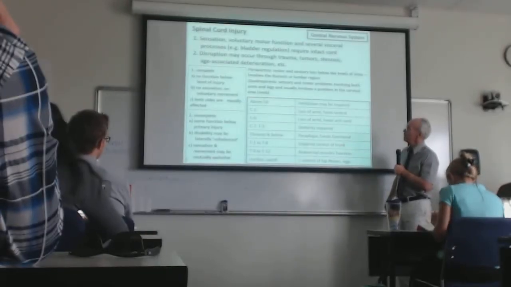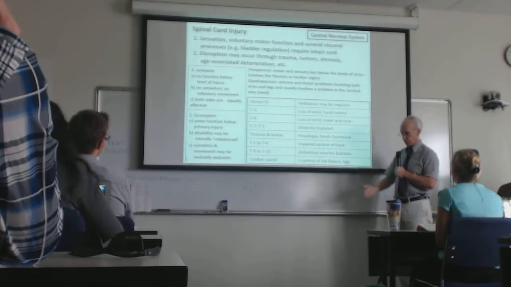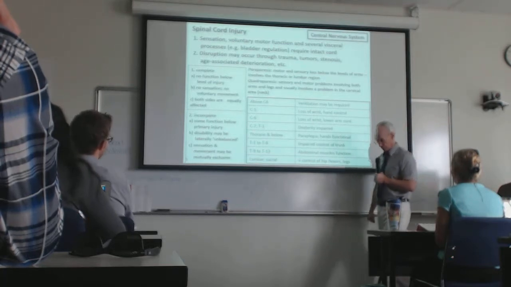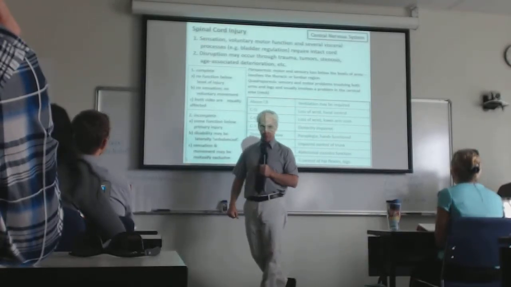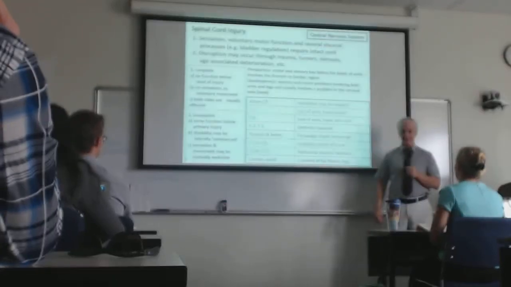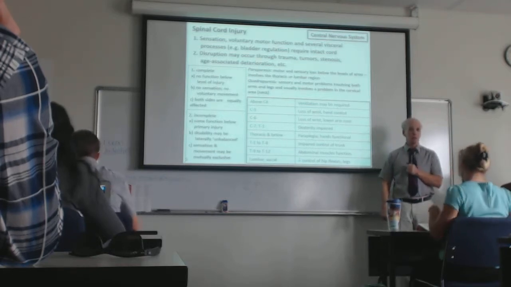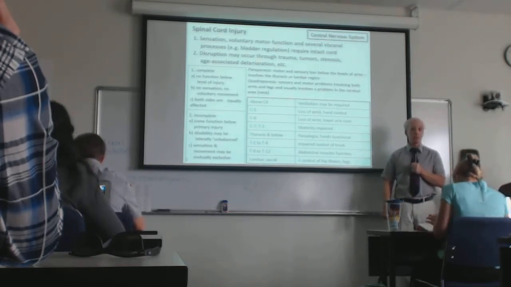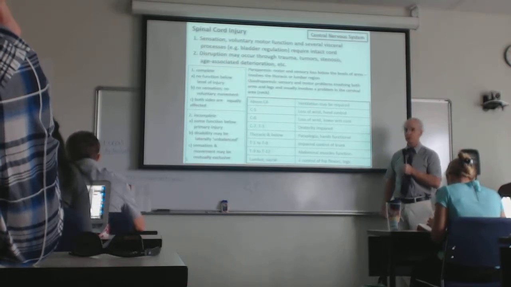But in any case, the implication is that depending upon the level of the spinal cord injury, either only the lower limb will be involved, or both the lower limb and the upper limb. And what is the most likely site of spinal cord injury? Yeah, cervical. So which is more common, the tetraplegia or paraplegia? Tetra, yeah, for that reason.